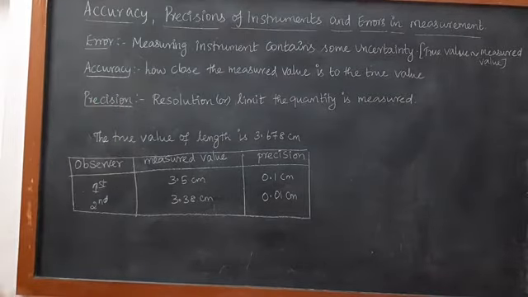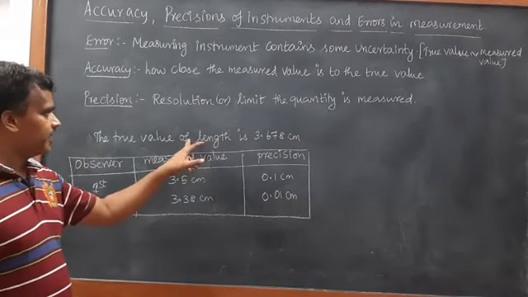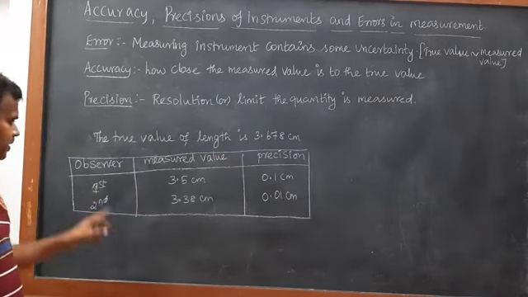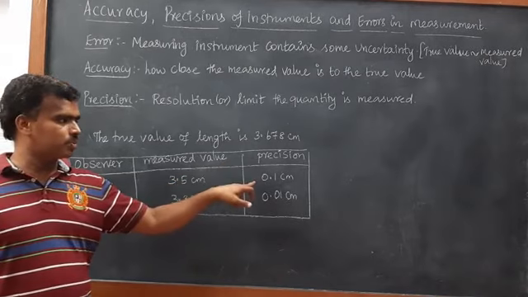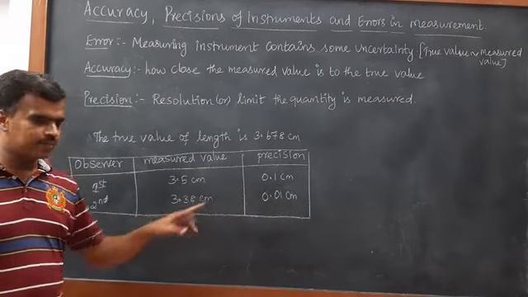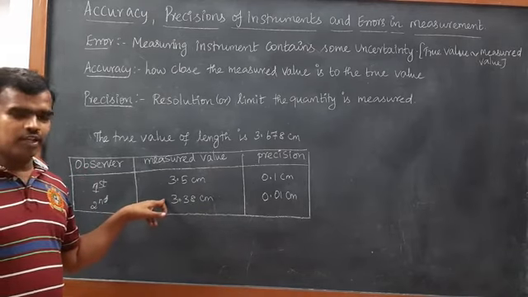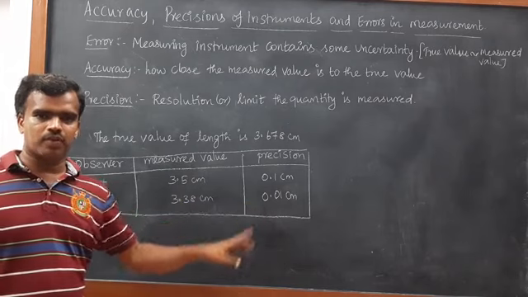For your better understanding, here I wrote an example for error, accuracy and precision. The true value is 3.678 centimeter. The first observer's measured value is 3.5 centimeter, and the instrument precision is 0.1 centimeter. The second observer's measured value is 3.38 centimeter and the precision is 0.01 centimeter.